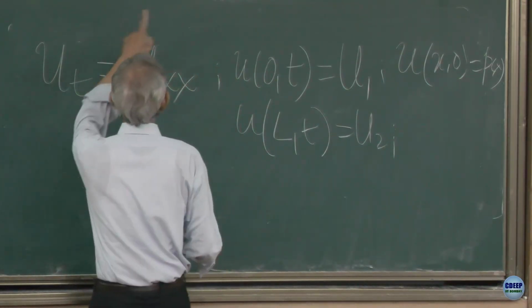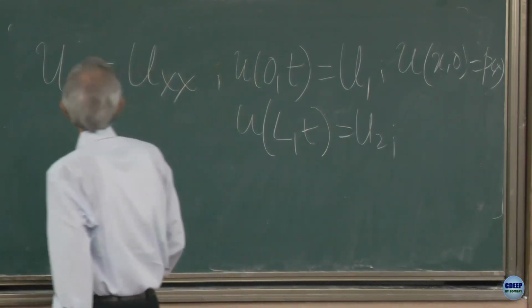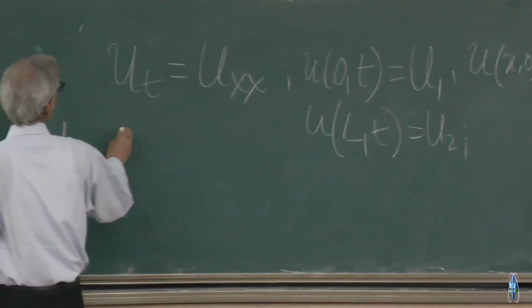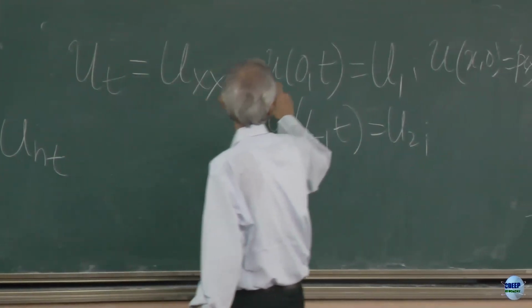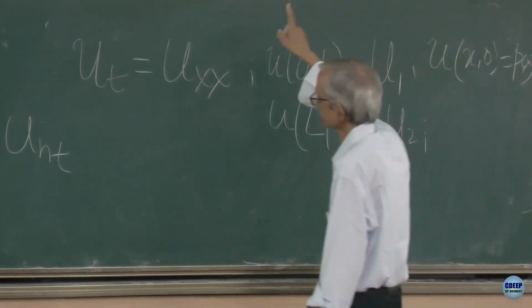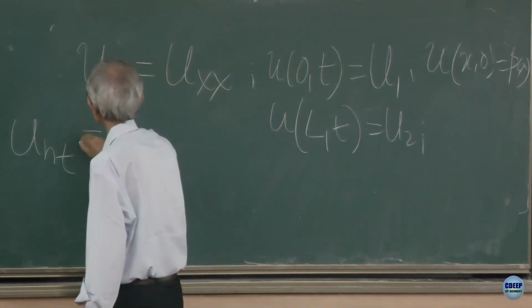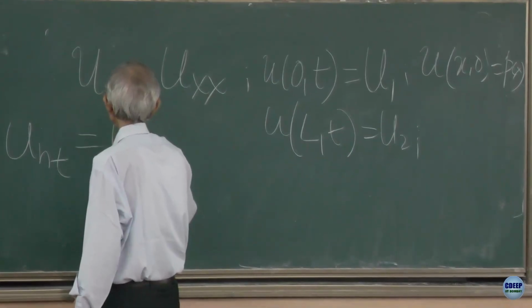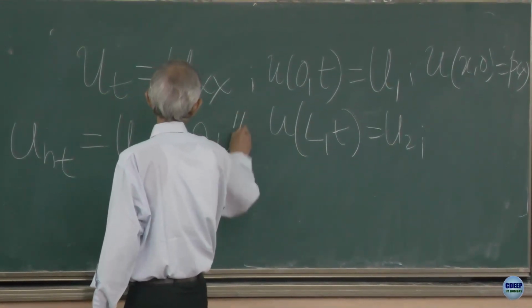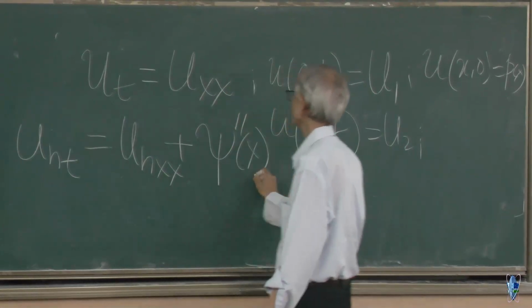now let's just plug this guy in there. Okay. So u_t is u_h_t, and then I have got a psi of x. Psi of x is not a function of t. So this becomes equal to u_h_xx plus psi double prime of x.